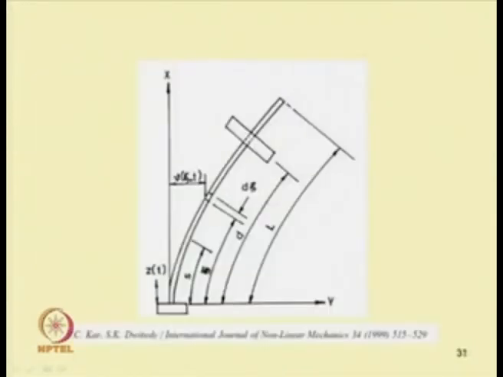The first term is known as the geometric nonlinear term, and the last two terms, uk into ul dot and um dot, and similarly uk into ul into um double dot, are acceleration terms, since the product of two velocity terms is acceleration, and this is u double dot. So, these last two terms are inertia nonlinearity. In this case one can observe a geometric and two inertia nonlinear terms.